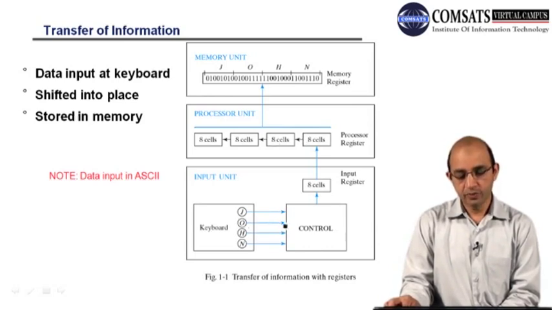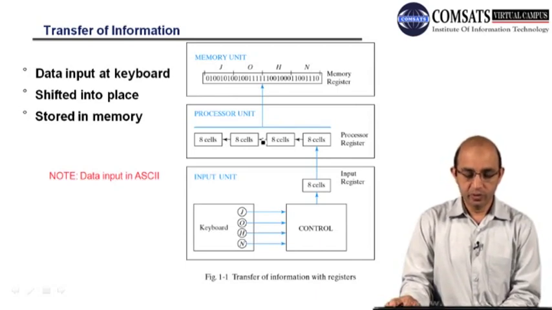Then when you press O, this register will receive this O, and then this will be received here, and after each reception, right, the data will be moved one step to the left. Right?